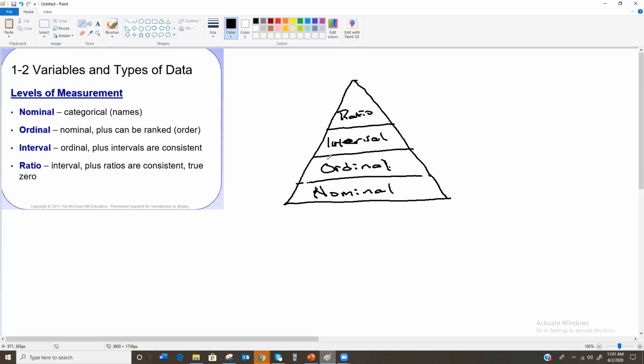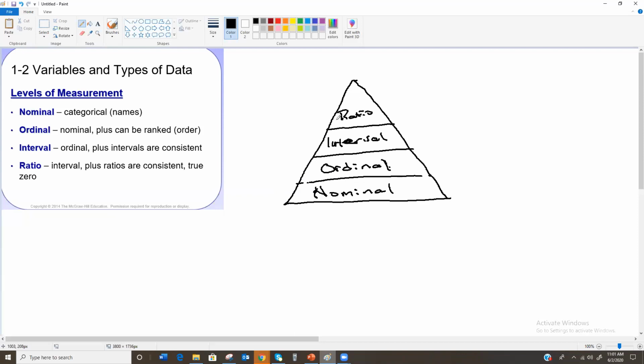Also, once you've reached a higher level, you've also reached all the other levels. So if something is interval data, that means it's also ordinal and nominal. Once you've surpassed a level, you've collected that level. So if something reaches the ratio level, it actually is all four.